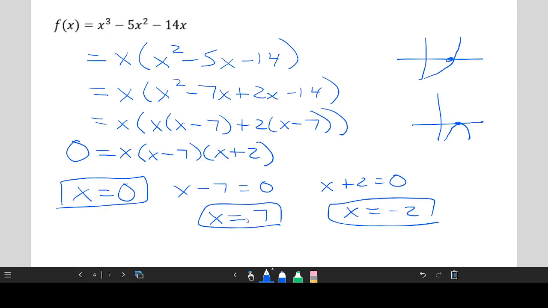For example, 7 was a 0 here, and we saw x minus 7 there. Negative 2 was a 0 here, and we saw this factor, which could also be written as x minus negative 2. And then 0 was a 0, and this factor x you could think of as x minus 0. So if a number is a 0, then you're going to see a factor x minus that number when you factor it completely.